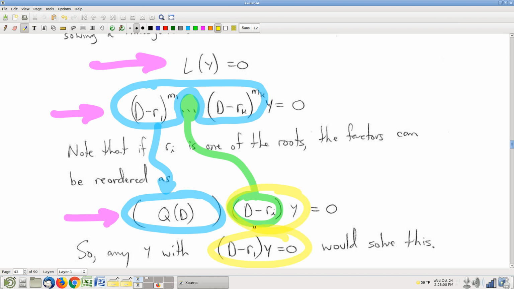No guessing required. If my function y, whatever it might be, when I apply D minus r_i, gives me 0, it doesn't really matter how many other derivatives I take. If this is 0 right here in yellow, all the derivatives in the world, still 0. Multiply by whatever coefficient, still 0.